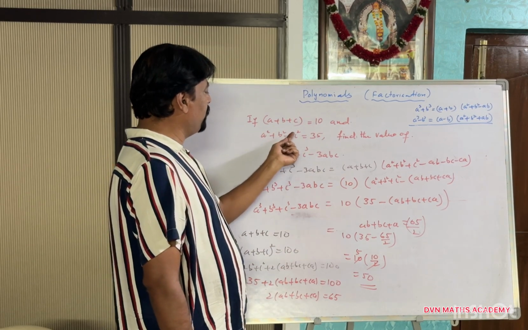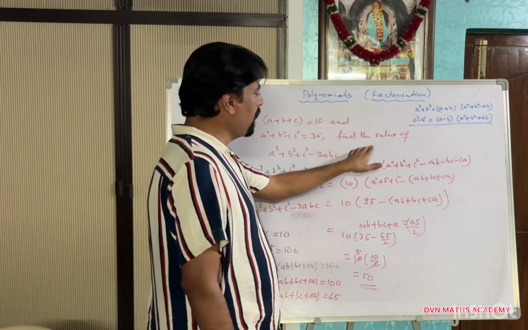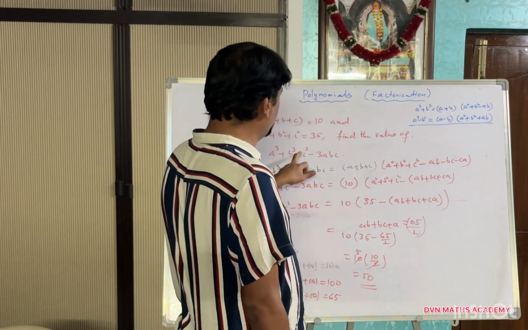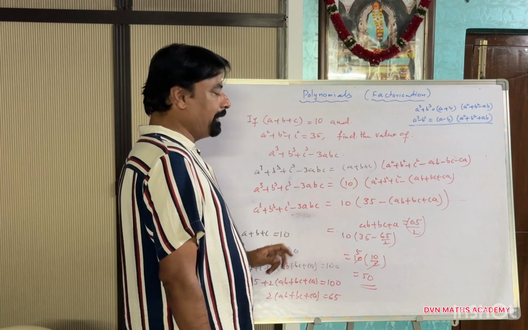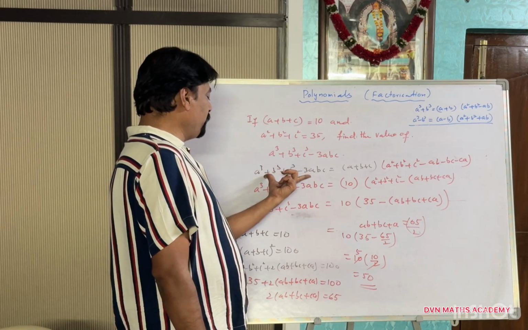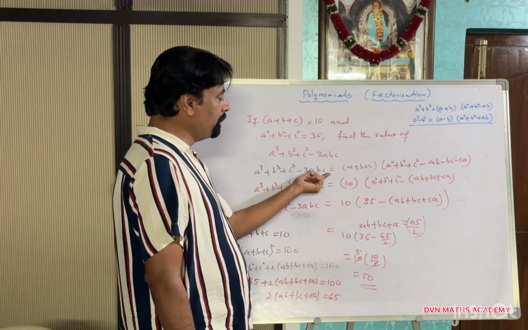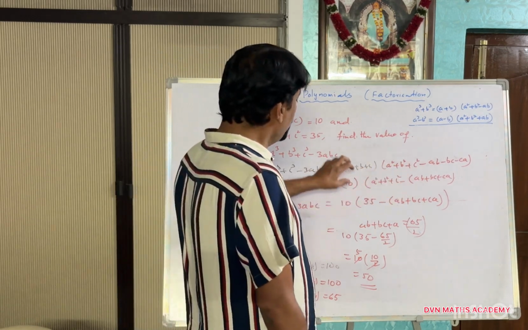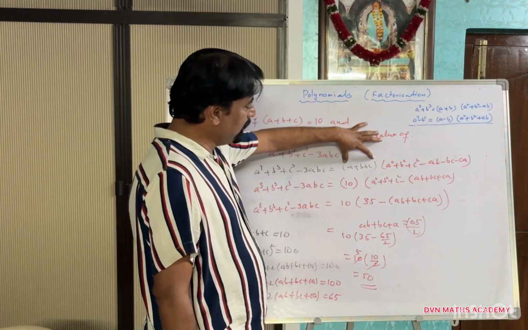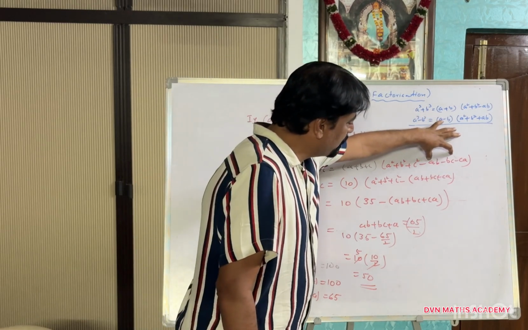A square plus B square plus C square is equal to 35 is given. He is asking to find the value of A cube plus B cube plus C cube minus 3ABC. So you know the formula for A cube plus B cube plus C cube minus 3ABC. You know the value of A plus B plus C, but you don't know the value of AB plus BC plus CA.